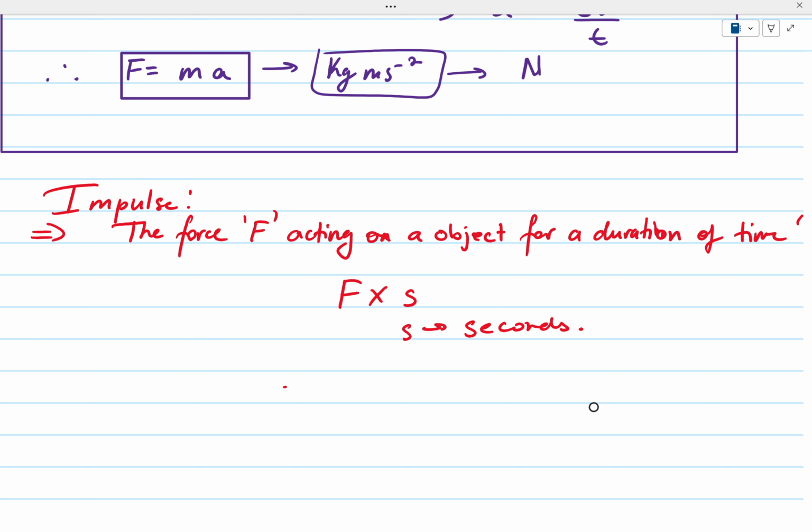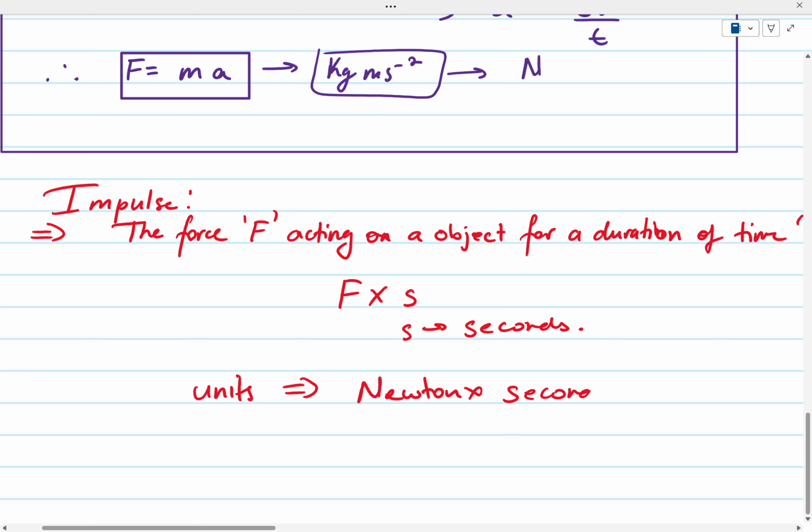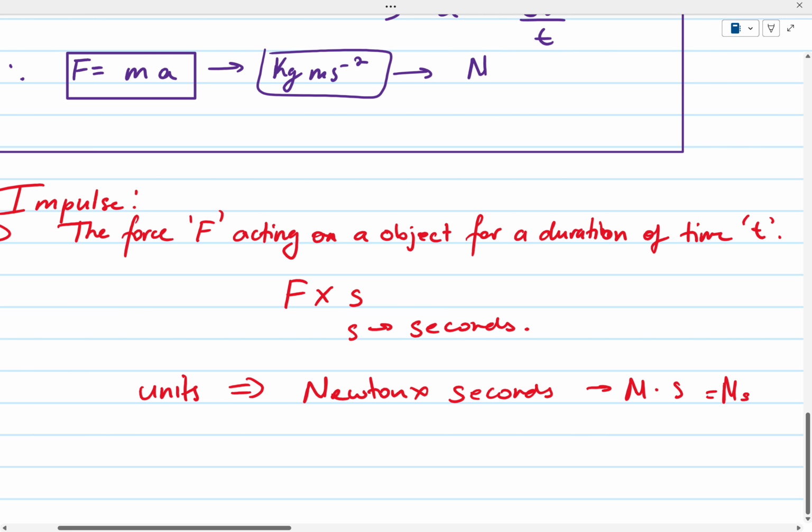So the units would be newton second, or N times s, N s. That looks like an M actually, so let me just fix that before anybody gets confused. So that's the impulse of a force.